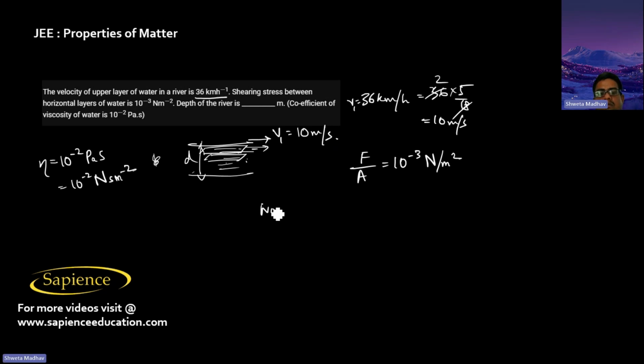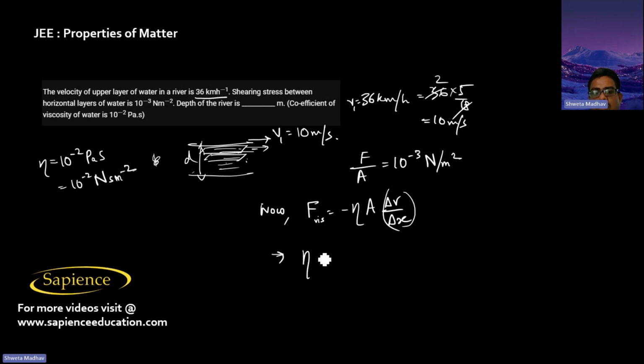Now we know that the viscous force is given as minus eta A into delta V by delta X, which is called Newton's law of viscosity.